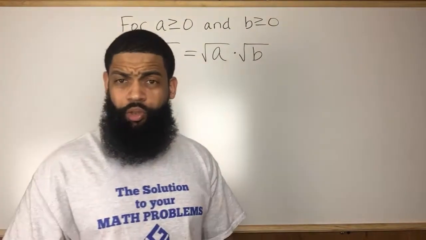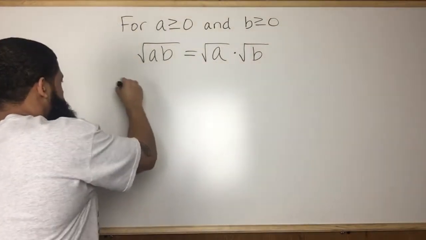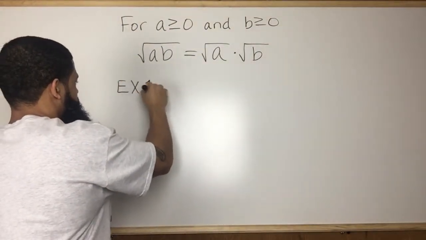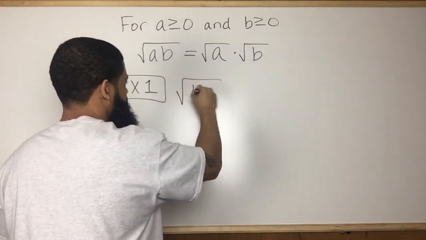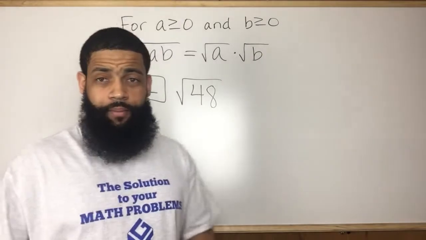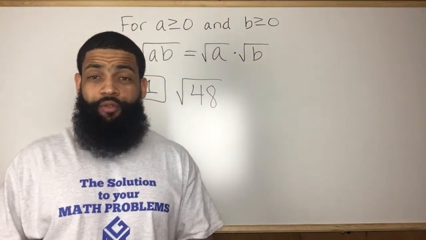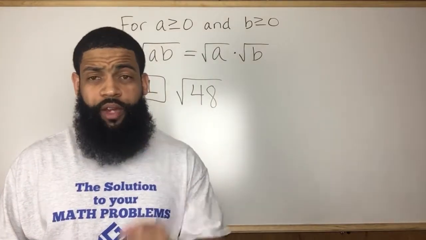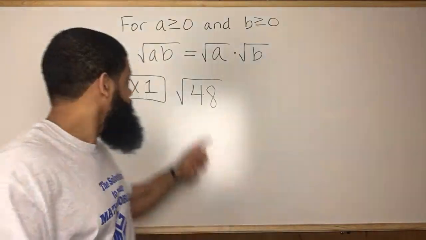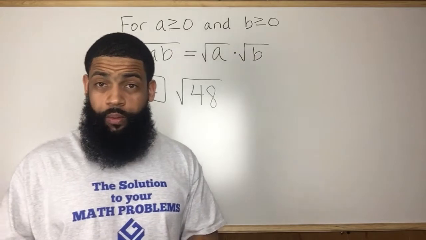Let's go ahead and show you an example. So, for example, if I have the square root of 48, all right? Now, 48 has several factors, but I want to break this down into two factors, and I want one of those factors to be a perfect square number because we're working with square root, okay?